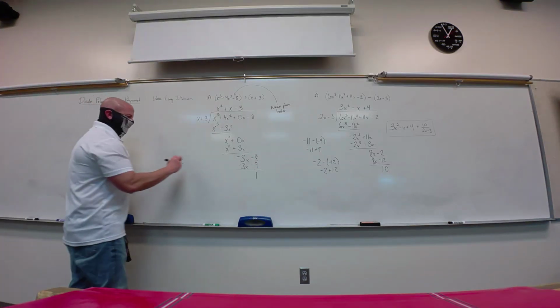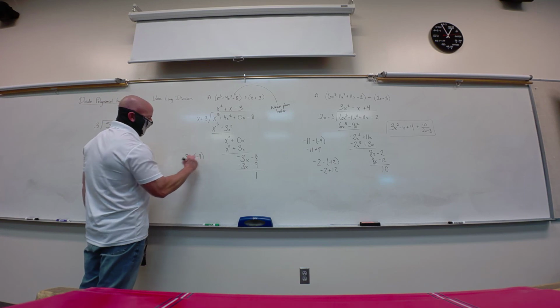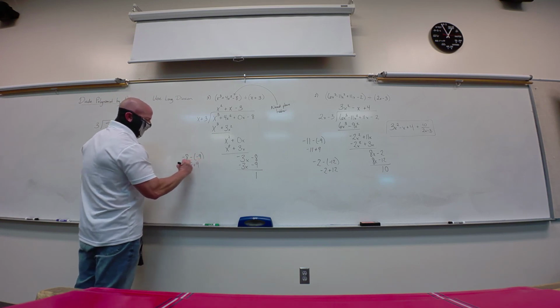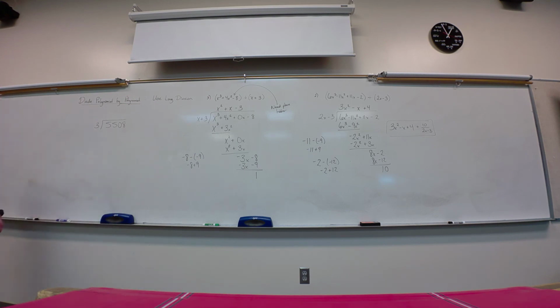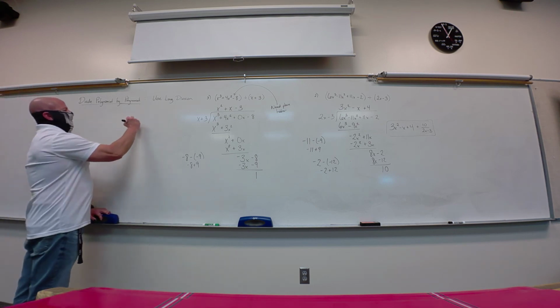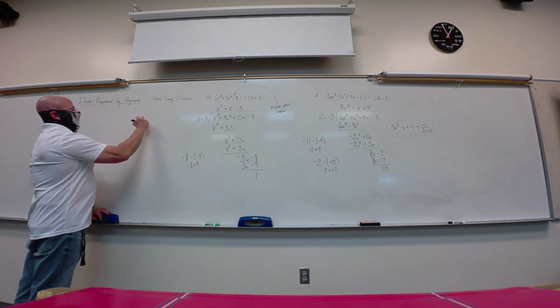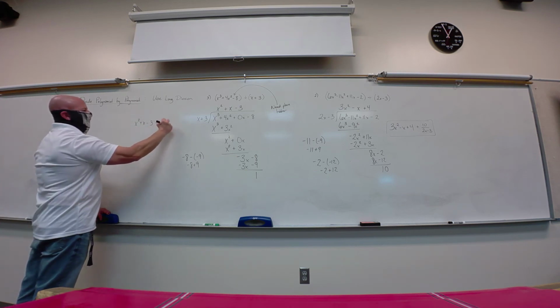Again, if it helps, go out to the side, rewrite it. Now to remind you how we got the 1 for that piece. Final answer for this guy, x squared plus x minus 3 plus 1 over x plus 3.